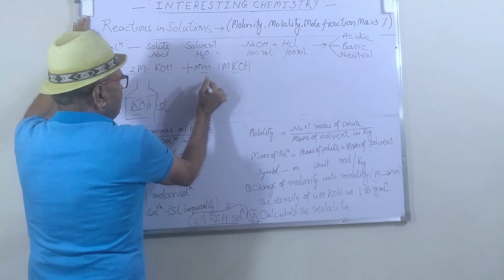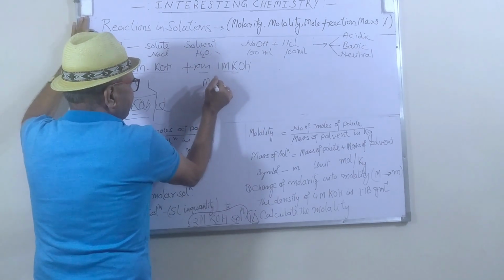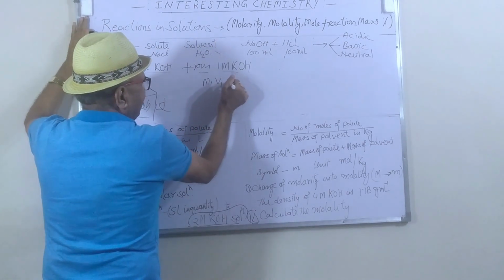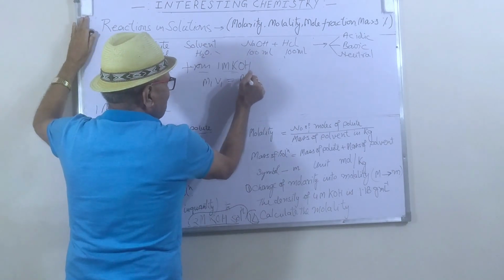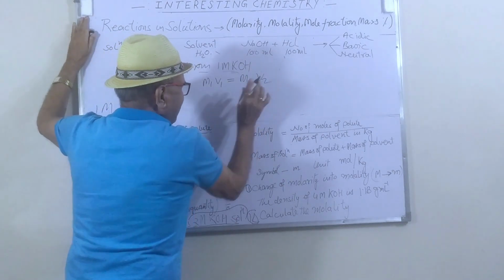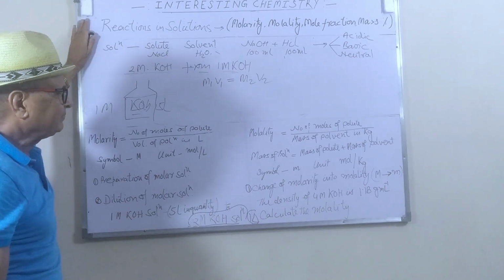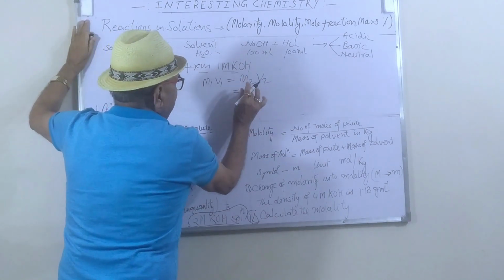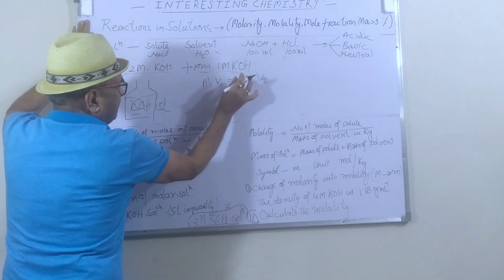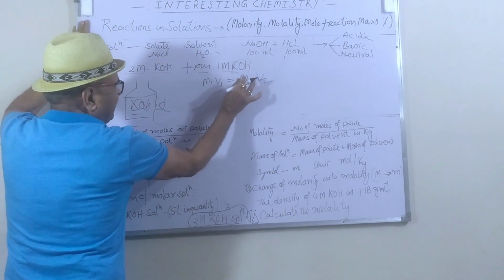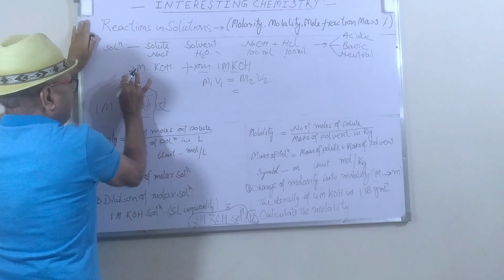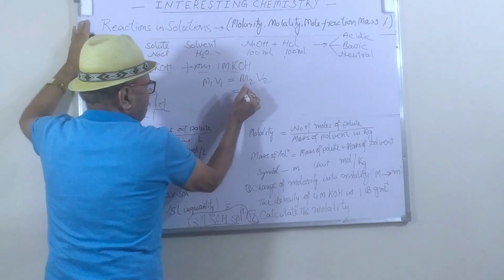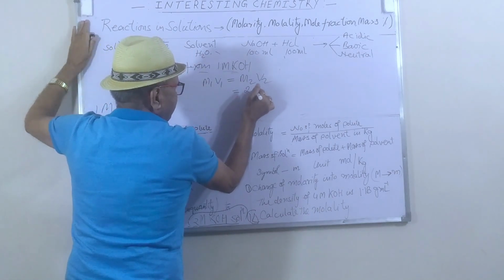And now you have a formula that is M1V1 equals M2V2. Here M2 is the required molarity, this is 0.2 molar. You write 0.2 here.